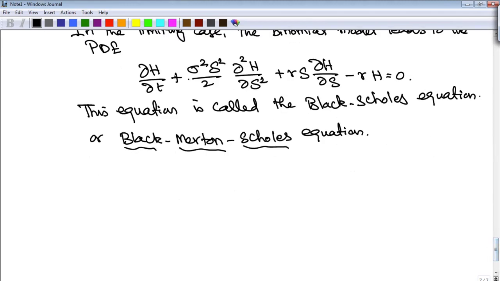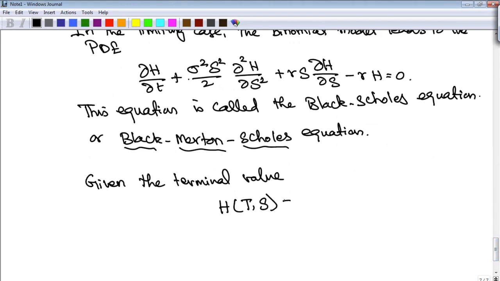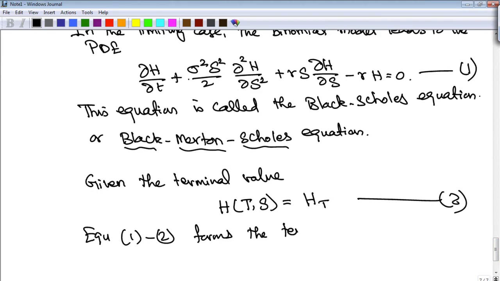We can see that given the terminal value H of capital T comma S, which is given as the payoff for the European option, the equations 1 to 2 form a terminal value problem.